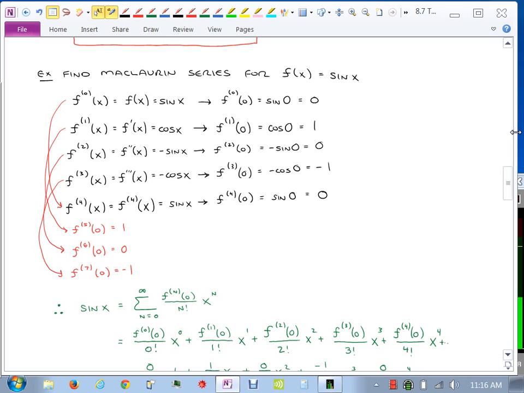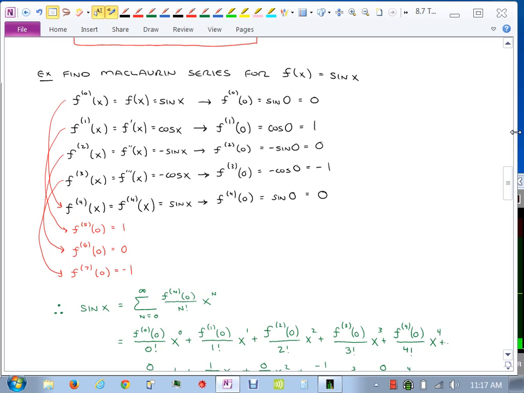So first, the 0th derivative is just sine, isn't it? And then what is the 0th derivative at 0? Sine of 0 is 0. Okay? Then I need the first derivative of the function. First derivative of sine is cosine. Now I plug in 0 into that. Cosine of 0 is 1. Again, second derivative.